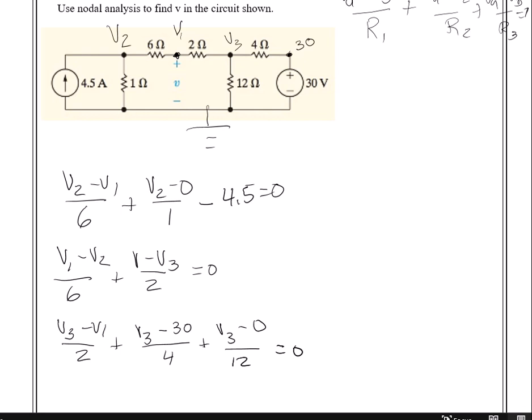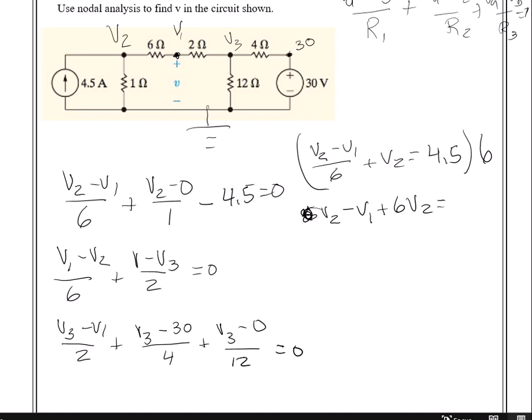Okay, so now for this first equation, if I clean it up a little bit, I get V2 minus V1 over 6 plus V2 equals 4.5. And then if I multiply this entire equation by 6, I get V2 minus V1 plus 6V2 equals 27, or minus V1 plus 7V2 equals 27.